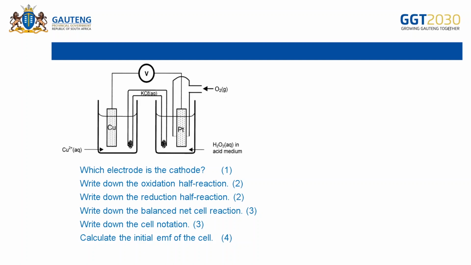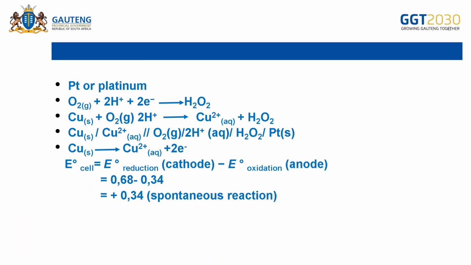So grade 12, look at this. In your solution there of platinum, one of the things that was there was hydrogen peroxide. So oxidation is taking place there.